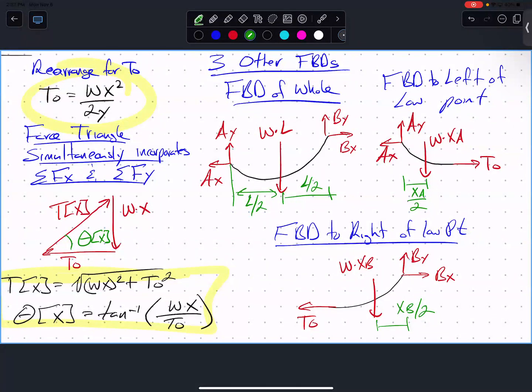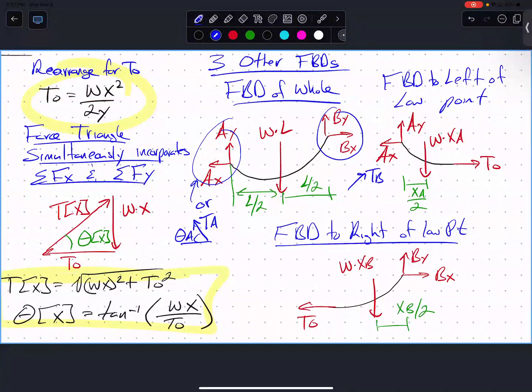Usually, if we're using the equations, we don't need to use the FBDs in addition. Also, on all of these FBDs, instead of writing this as an AX and an AY, you could also write this as a TA at an unknown theta A. So you can do that over here. We could do the same thing.